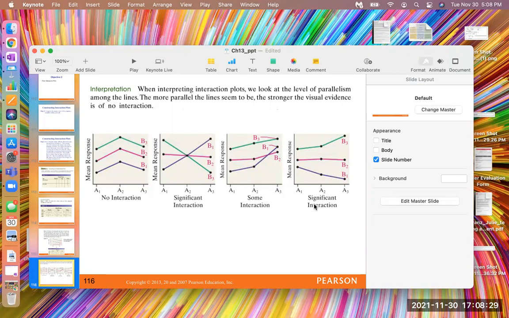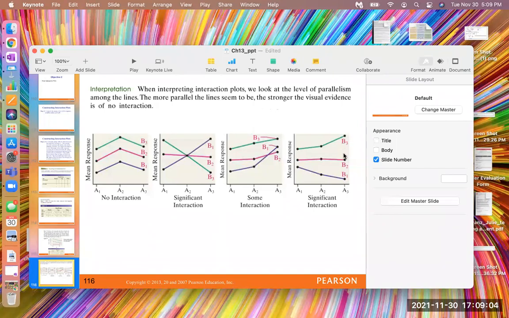And this is called significant interaction as well. It's saying as you increase A, when you have B at a low level, the response variable is going down. But with a high level of B, the complete opposite happens: when you increase A, the response variable goes up.